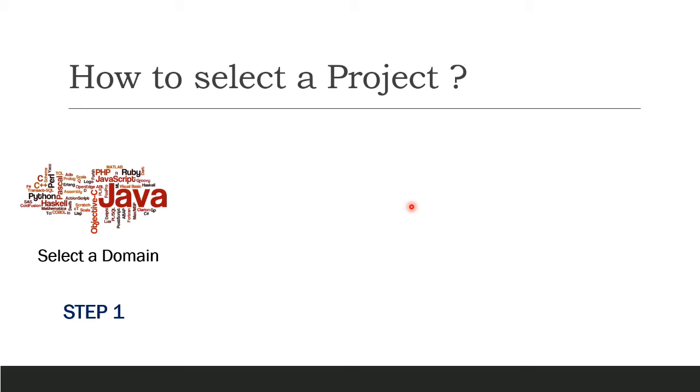For example, if you want to be a web programmer in the coming days, I would suggest you select projects relevant to web applications and services. Because if you are working on that and you're looking for the same job profiles, it will ultimately improve the possibility to get that specific job.